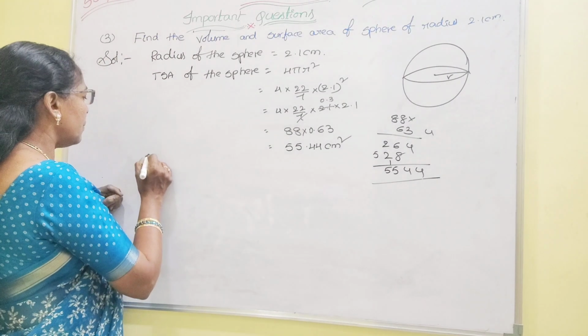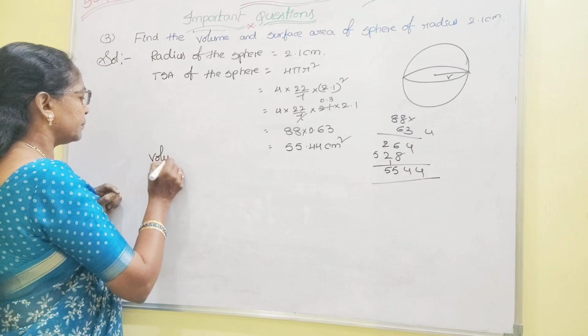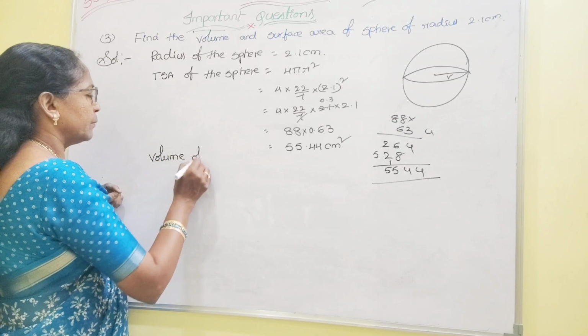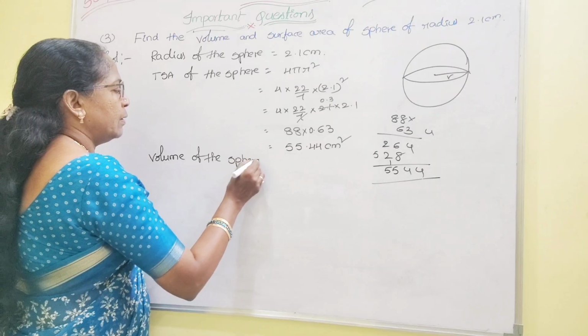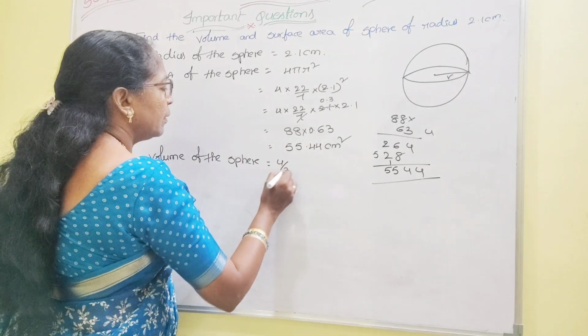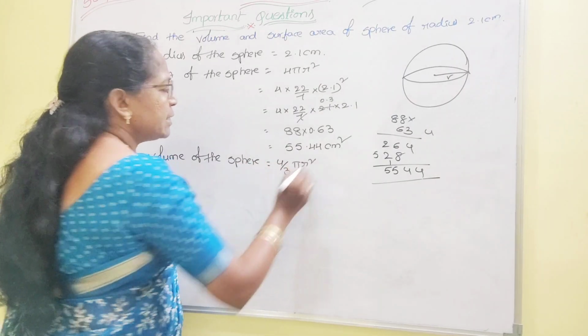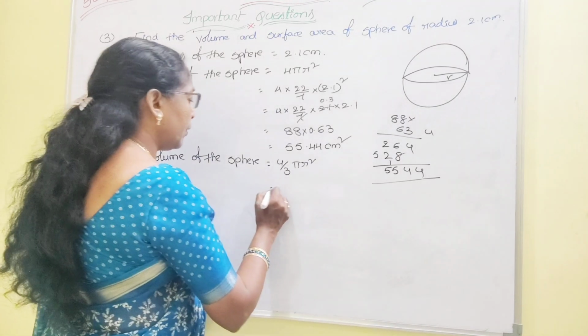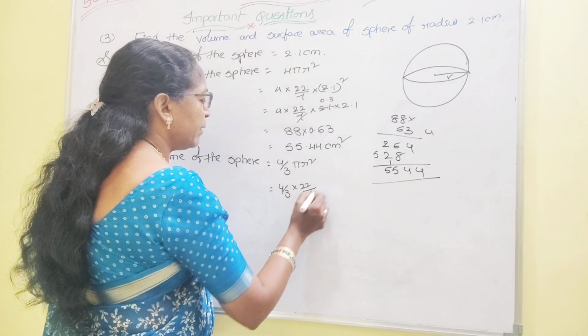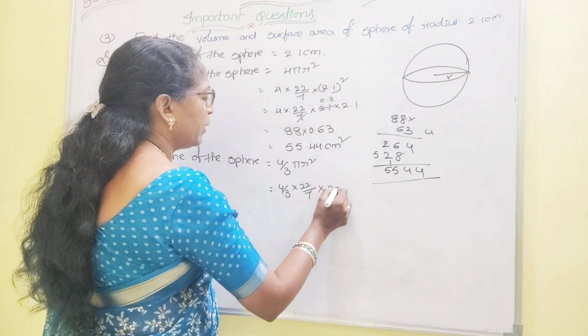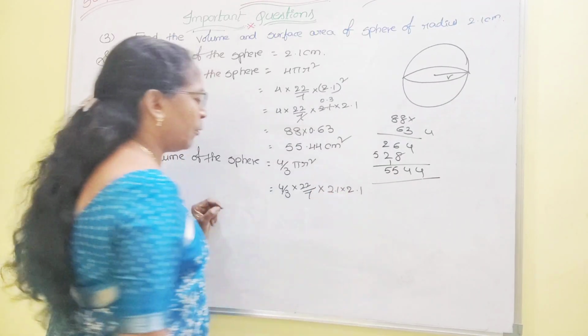Now volume of the sphere equals 4/3 pi r cube is the formula. That equals 4 by 3 into 22 by 7 into 2.1 into 2.1.